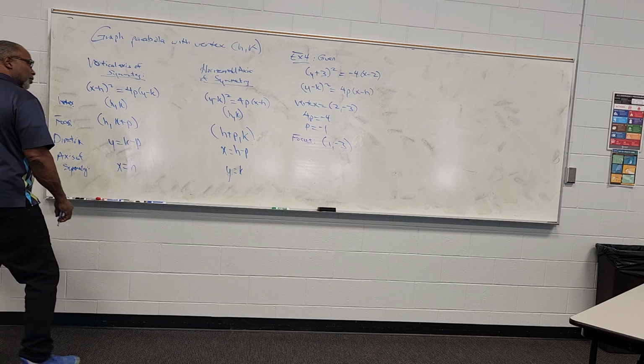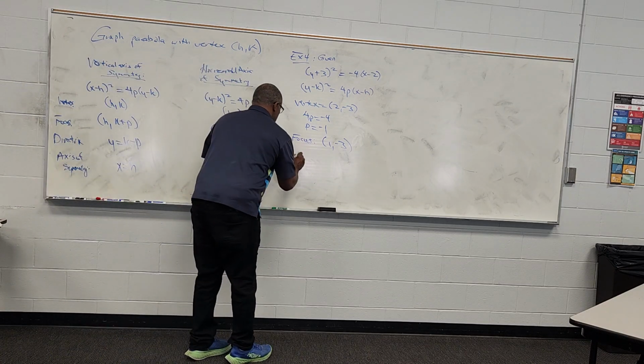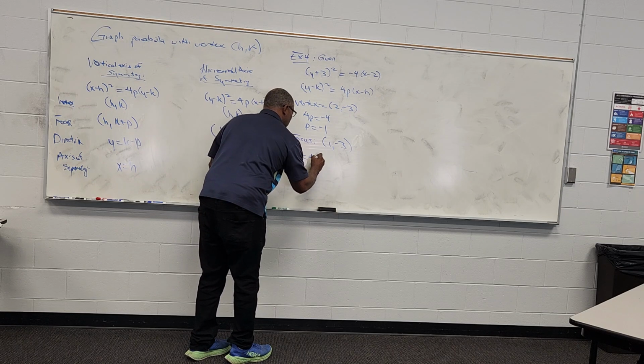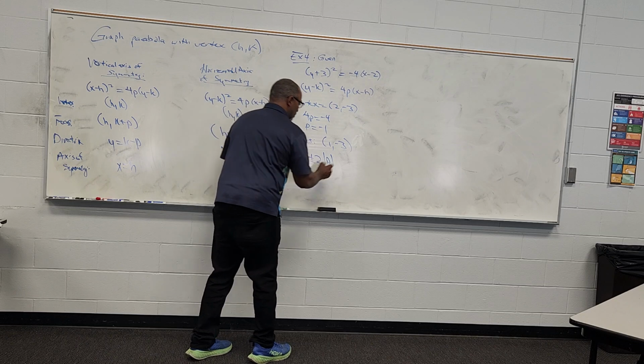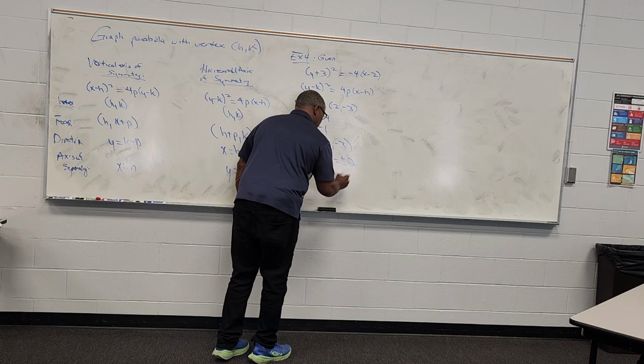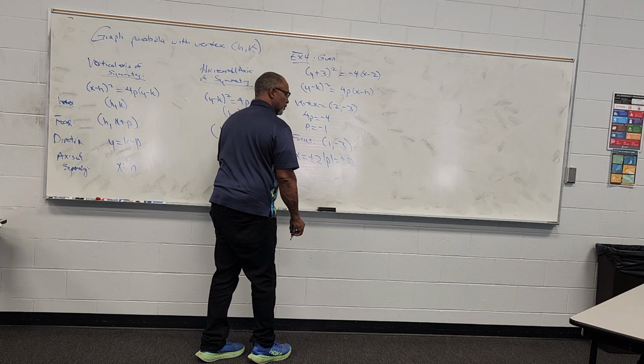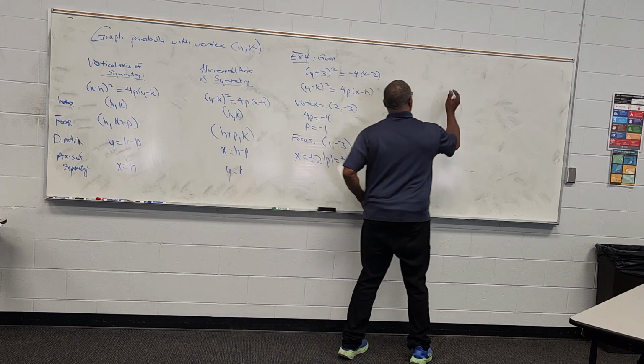The focal diameter, so x equals plus or minus 2 times the absolute value of p. P was negative 1, so this is plus or minus 2. Okay? So let's see what we got.